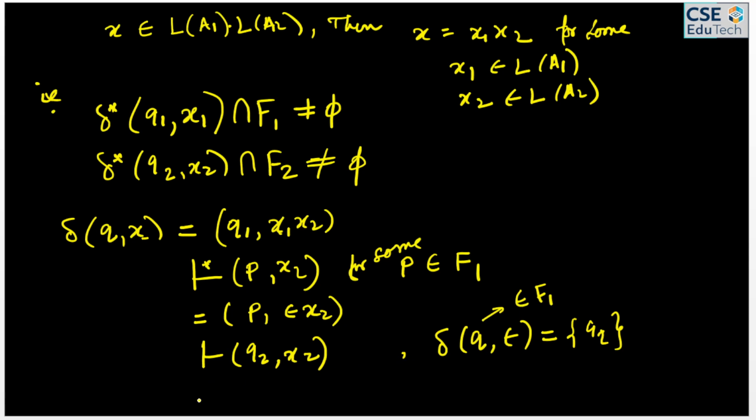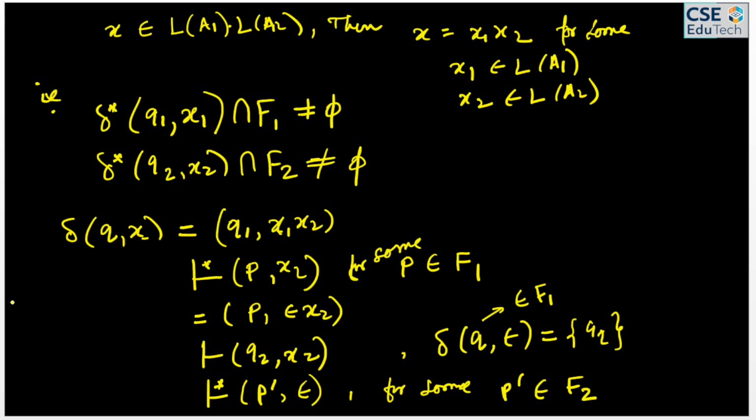Now after doing some steps, we'll reach some state p dash, and the string is exhausted, that means epsilon. So for some p dash that belongs to the states f2, right?